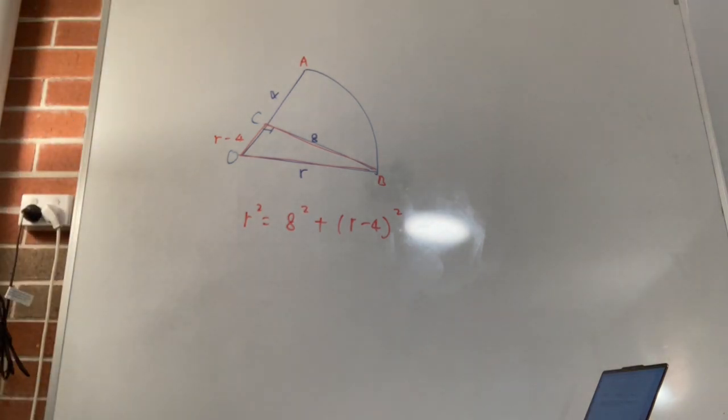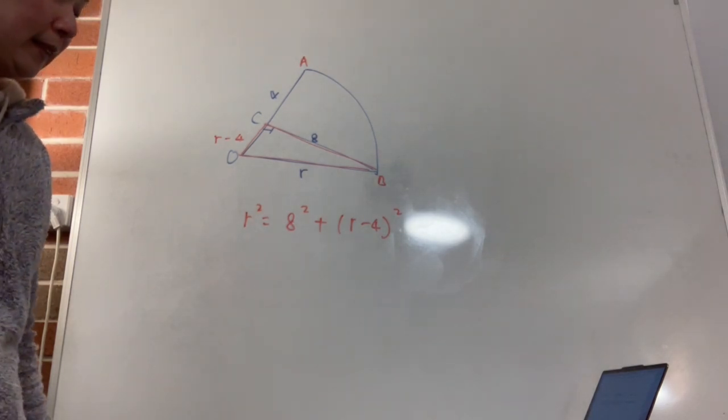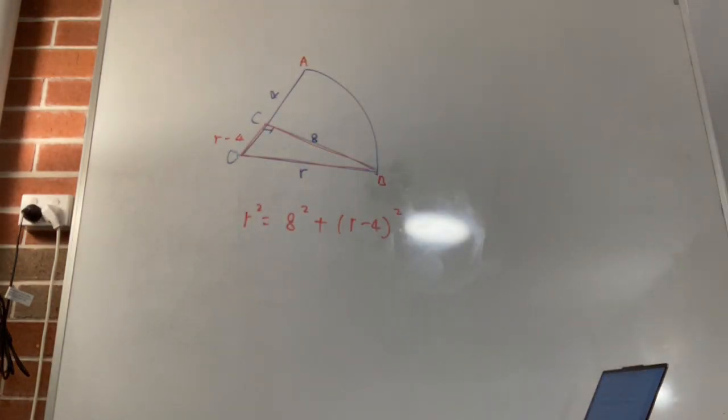And then expand, simplify, tidy up, solve it for the R. Move everything to the same side of the equation, because you have R squared on one side and R squared on the other side.